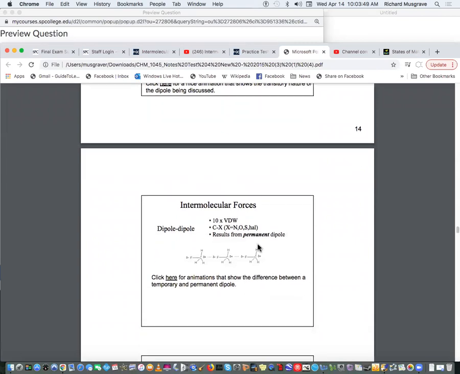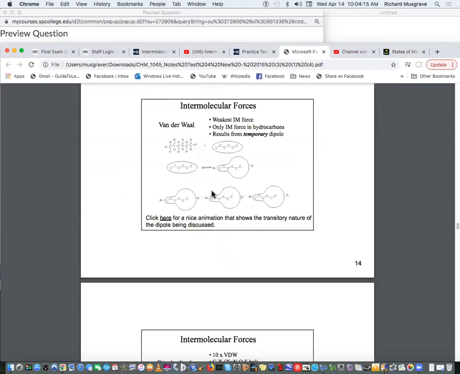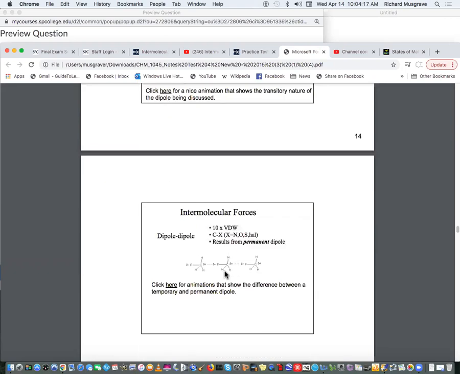But if we throw in some other atoms, heteroatoms, especially nonmetals, then we're going to see CX bonds being formed. The X can be nitrogen, oxygen, sulfur, or any halogen, which would be chlorine, bromine, iodine, or fluorine, and this will introduce what we call a permanent dipole. This permanent dipole interacts in the same way as a temporary one does, but since they're permanent, it is a much stronger situation.